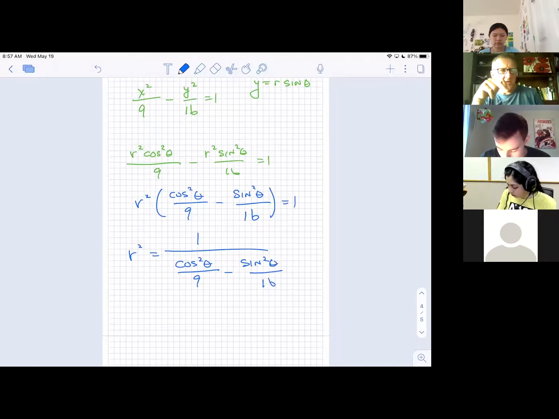I remember there was one for cosine squared minus sine squared. I could multiply the top and the bottom of this equation by something that gets rid of the fractions over fractions. I could certainly take the square root of both sides. Now I have it solved for r, but when I take the square root, I might lose part of it. Does that make sense to you?